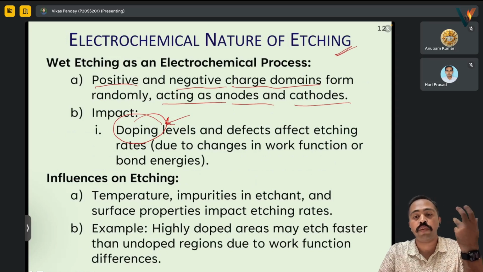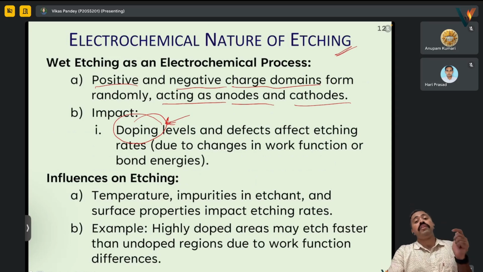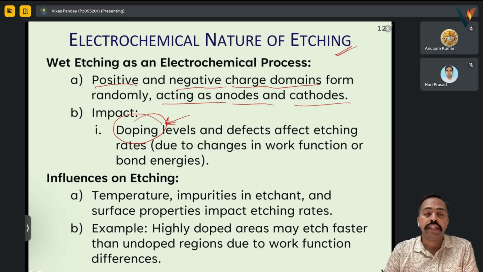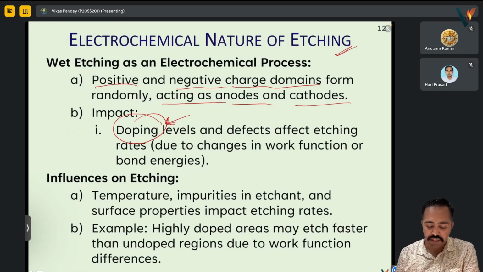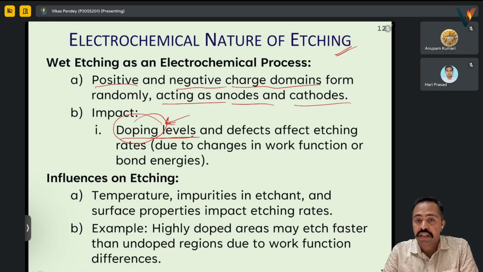Whatever is the doping level of the material to be etched, that will play a role, because of this electrochemical nature of the etching process, and that is why the etch rate will also be affected by the doping level of our material. How much is the conductivity of the material that we are going to etch? That will again determine what is the rate of our etching.